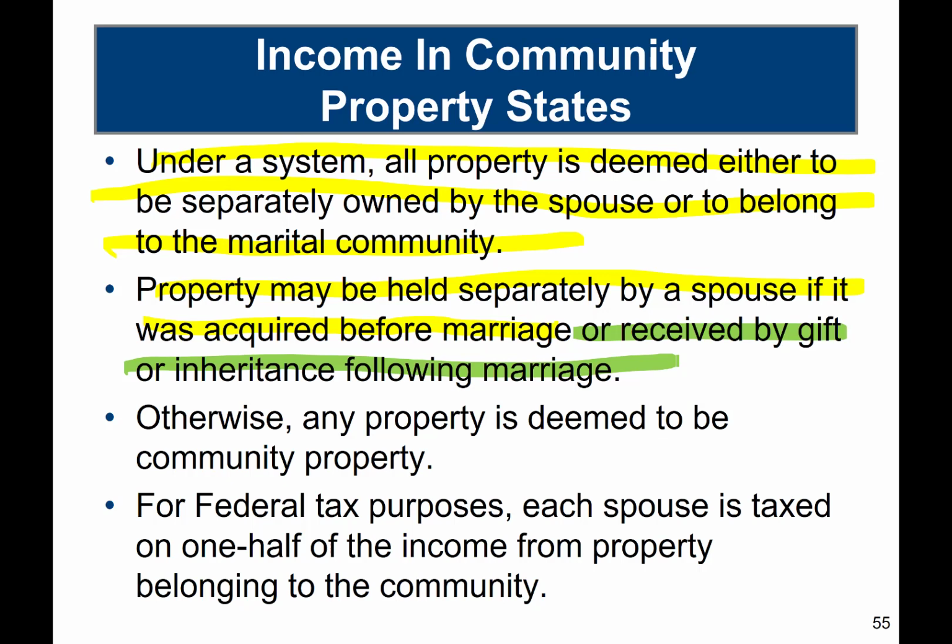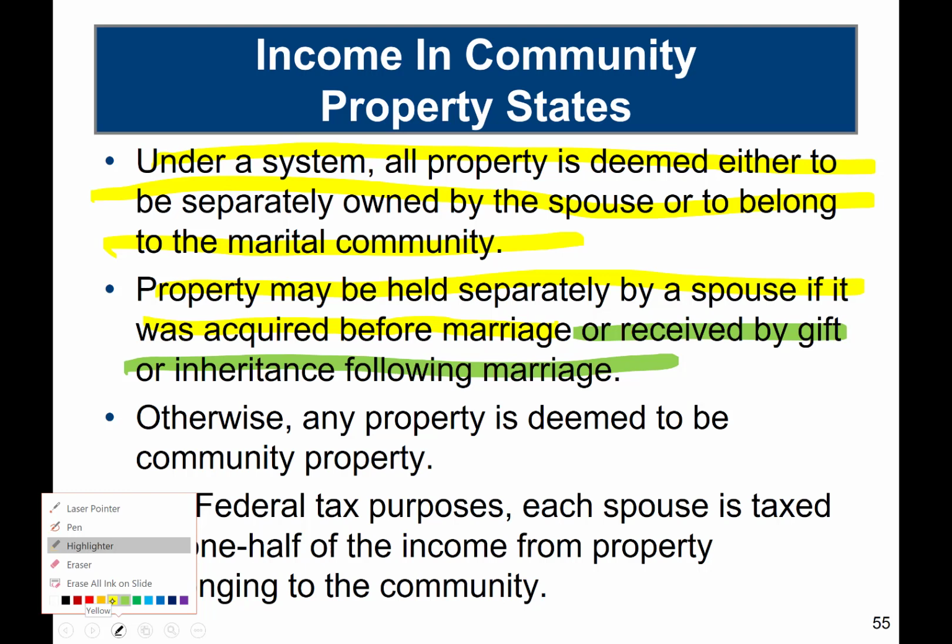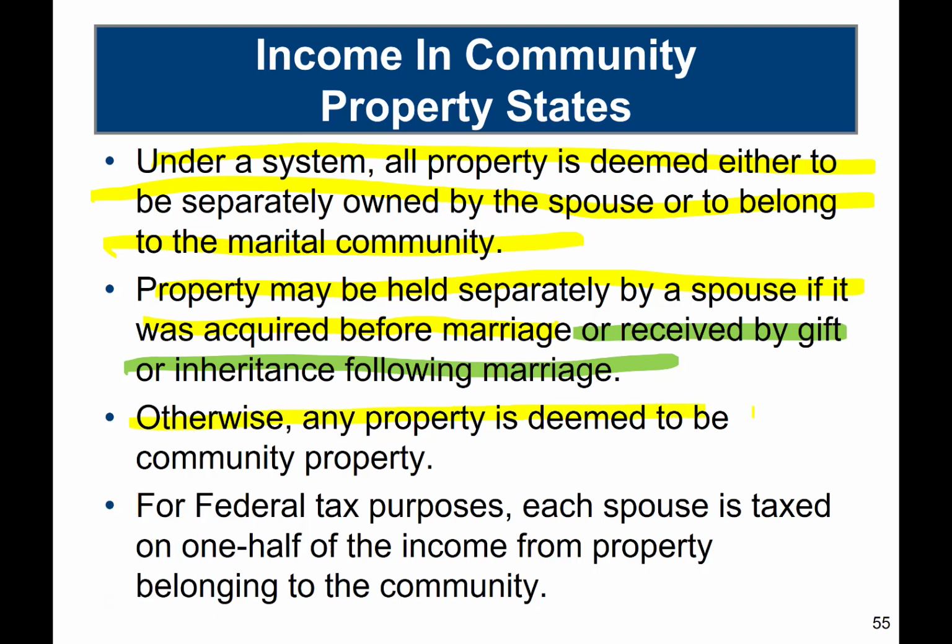Otherwise, any property is deemed to be community property, and thus the income from that will be considered income half to each member of the community, of the marriage, essentially. For all federal tax purposes, each spouse is taxed on 1/2 of income belonging to the community. Again, pretty much just a marriage.